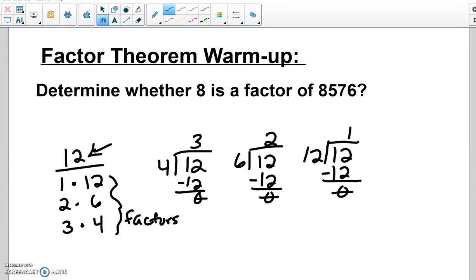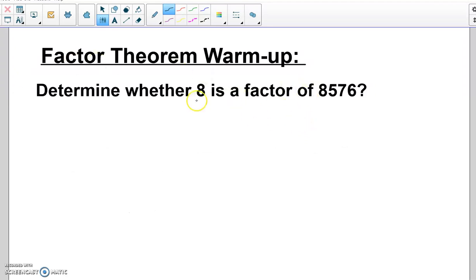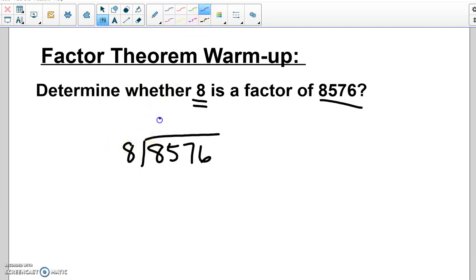Okay, so now let's take that concept and apply it here. If 8 is a factor, then it will evenly go into this larger number with, yep, no remainders. So we would just have to check it out. We would actually have to divide and see if it goes in evenly or not. It'll go in once here for 8, 0, bring down.